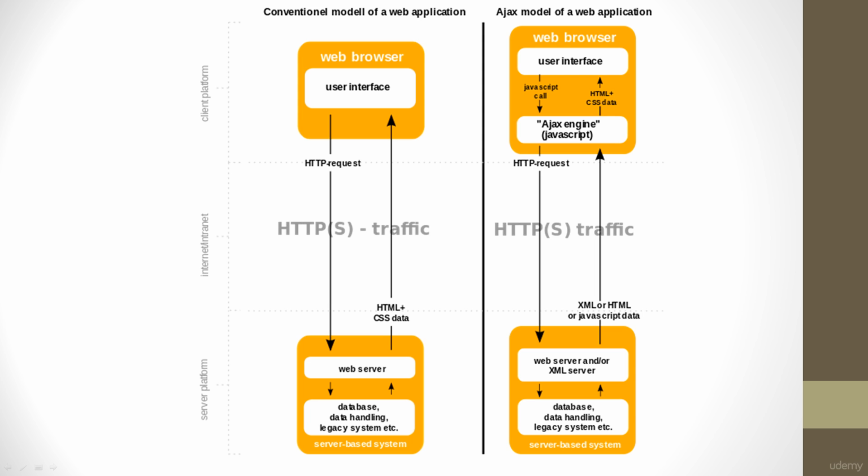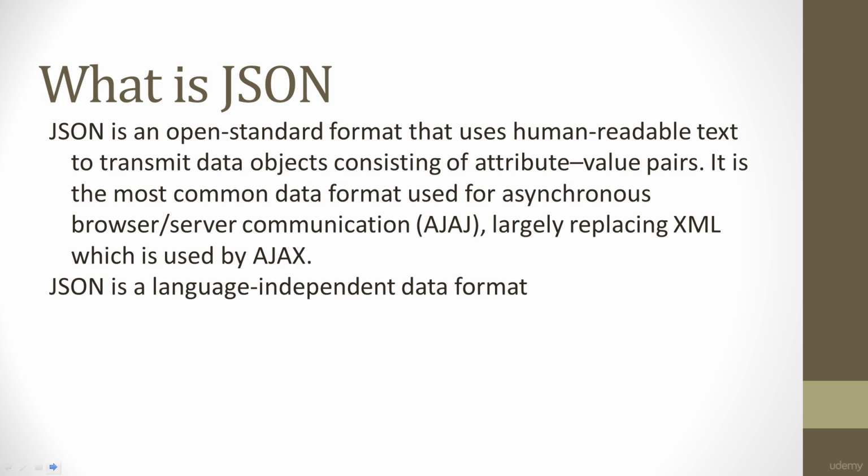XML, HTML, or JavaScript data, such as JSON data, is sent back into the Ajax engine. The Ajax engine finds out that the response has completed, and then you can do something with that response, such as updating your HTML and your CSS. So, updating your browser content.